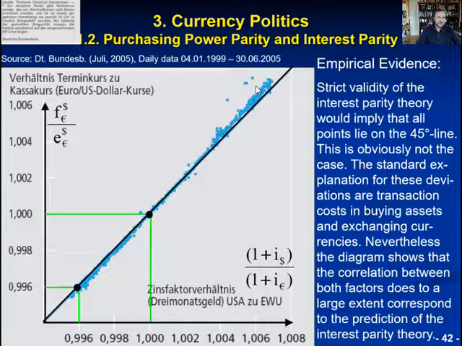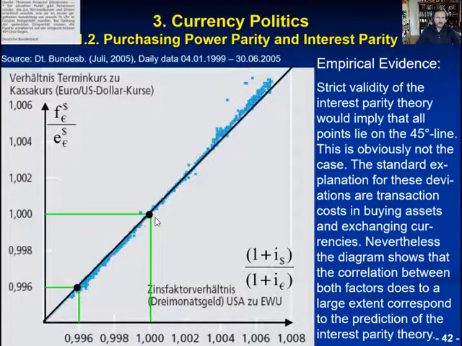The blue observation points calculated by the Bundesbank with the help of the economic data for the interest factors and the exchange rate indicate that most of the time these points lie in fact quite close to the 45-degree line.